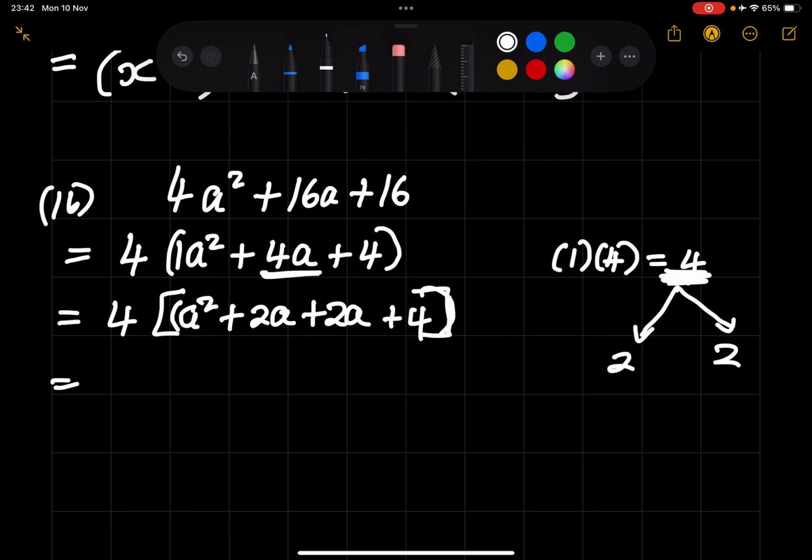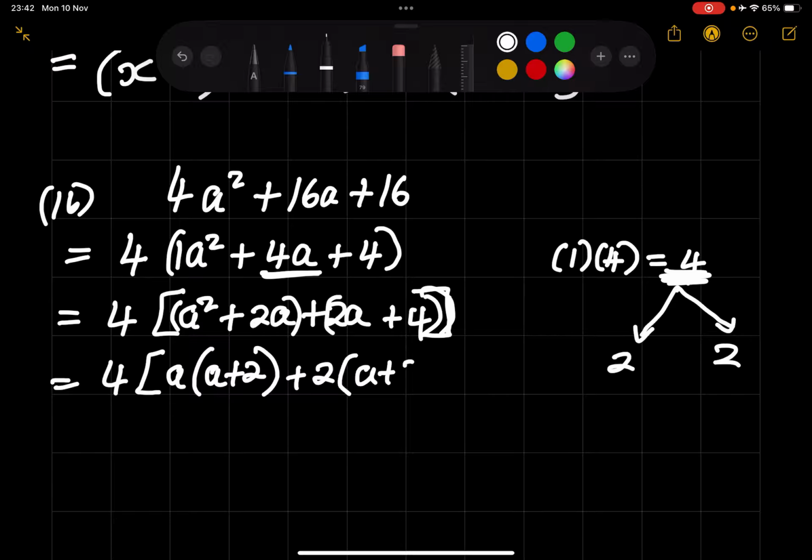The first two together, the last two together. Here the sign won't change because the middle term is a plus. If the middle term was a minus, the last term sign must change. So we have 4. And then in the first bracket, we take a common factor of a out. We have a plus 2 left. In the second bracket, we take a common factor of 2. We have a plus 2 left.